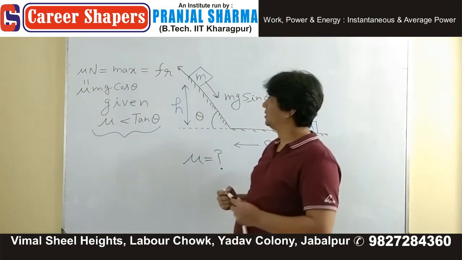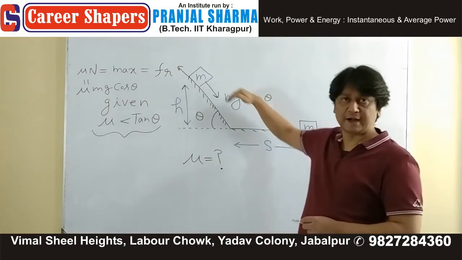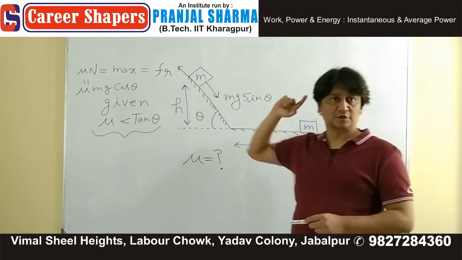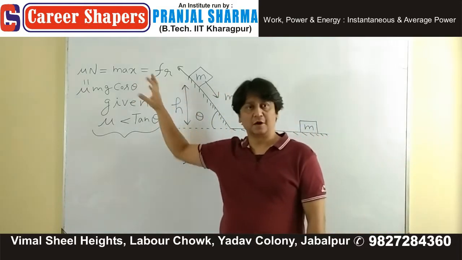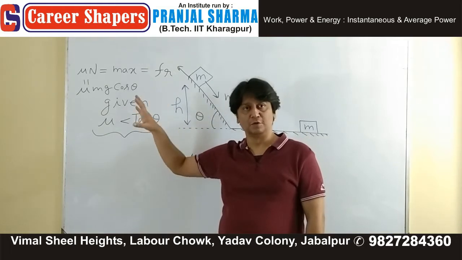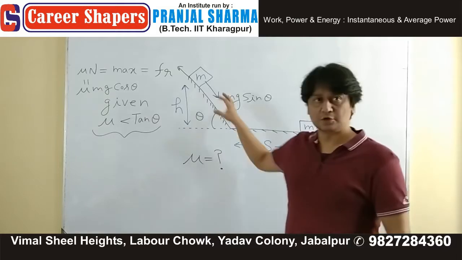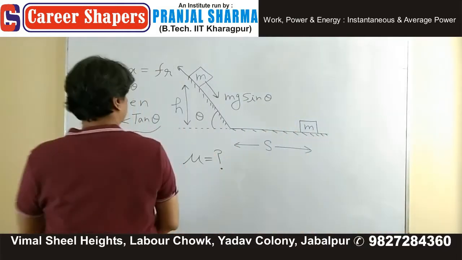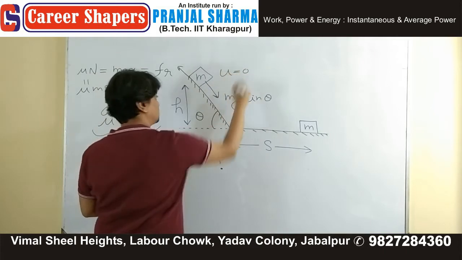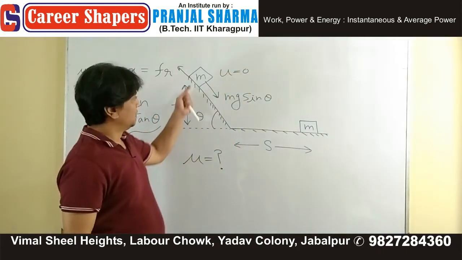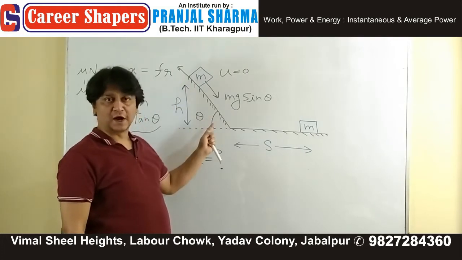Complete logic. The moment you release it, it starts sliding down. It's moving. If it is moving, either use kinetic friction, or if they are giving you one mu, use that as mu n. These are the two forces acting on the block. It starts with zero velocity. Find out this length, h is given, you can find it.